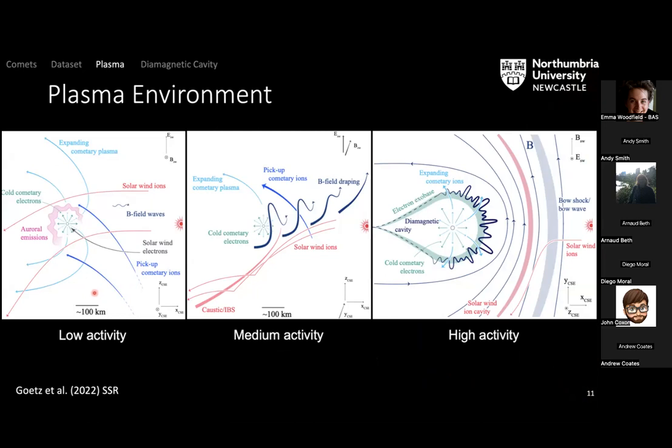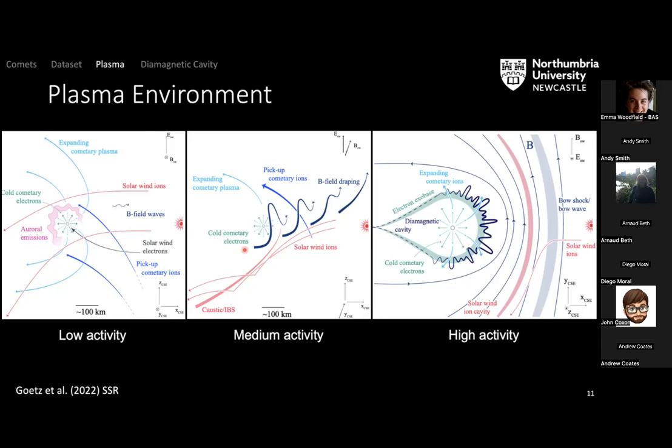But basically, all we have is some deflection of the solar wind and some acceleration of the cometary ions. There are waves in the field, but there are no real regions that form. Everything's pretty uniform. And there's no bow shock or other boundaries yet.